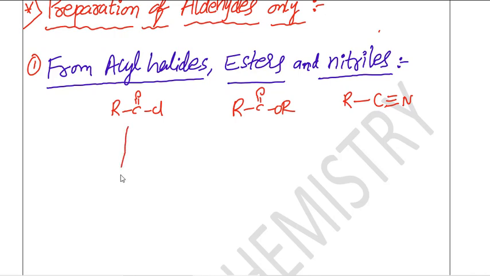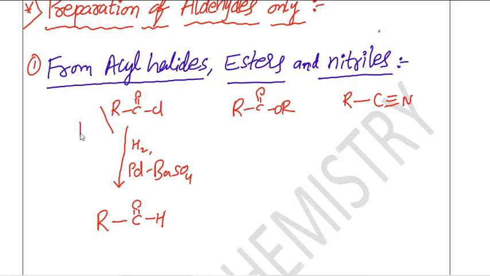This one is the Rosenmund reaction. Hydrogen, the catalyst is palladium barium sulfate. Directly the acid chloride is converted into aldehyde. Here you can take alkyl group or aromatic group.